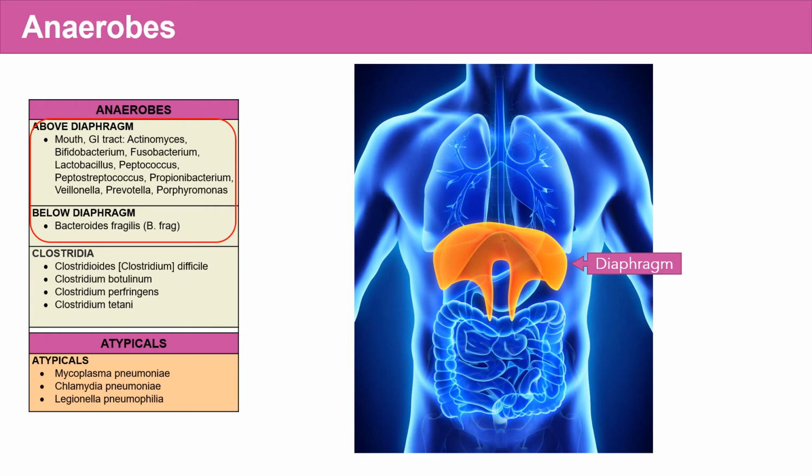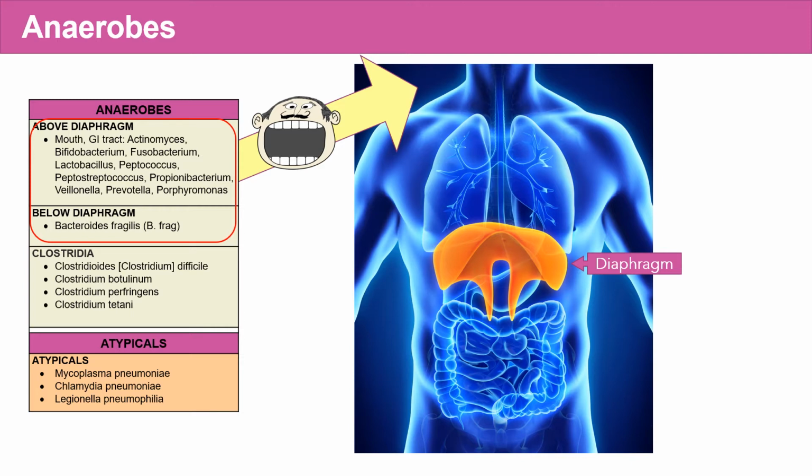Now, an important concept to remember when we're talking about anaerobic bacteria is that it can be classified into two groups based on the anatomical location relative to the body's diaphragm. Above the diaphragm anaerobes are anaerobes that are found in the mouth and upper GI tract.